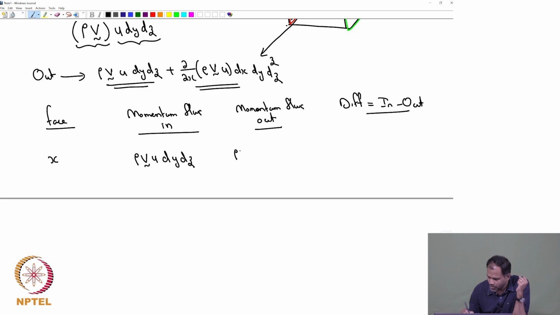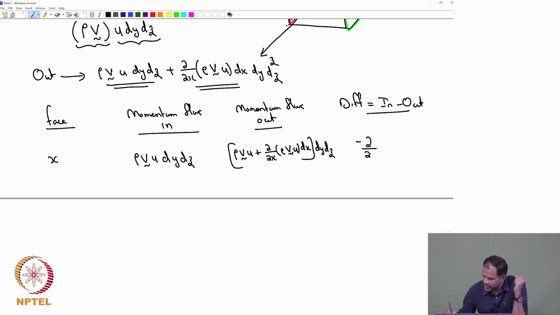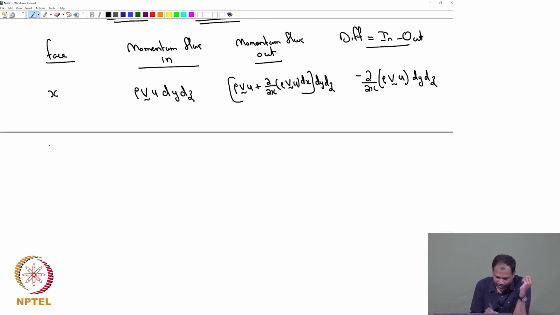The momentum out is rho v u plus del by del x of rho v u dx times dy dz, and therefore the difference is minus del by del x of rho v u times dy dz. Here we have multiplied it with u because u is the component of velocity in the x direction. Now, we can do the same thing for the y face.